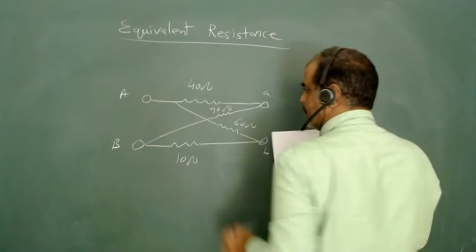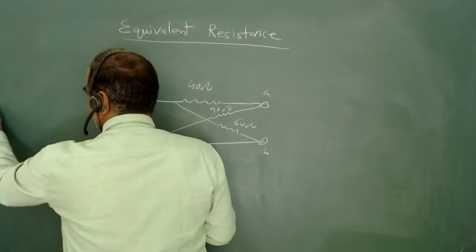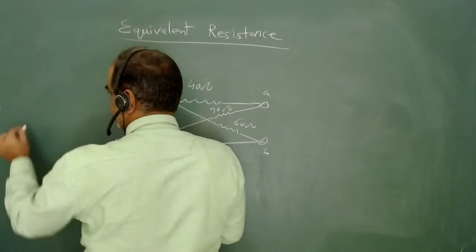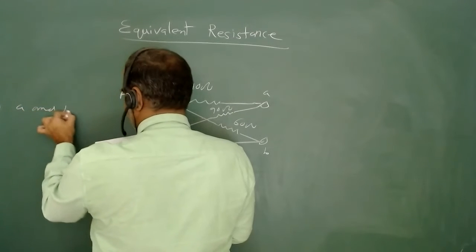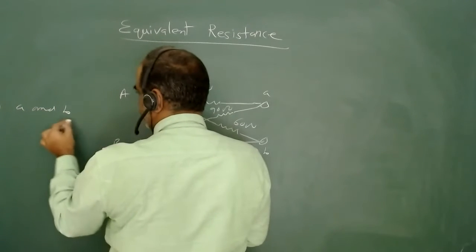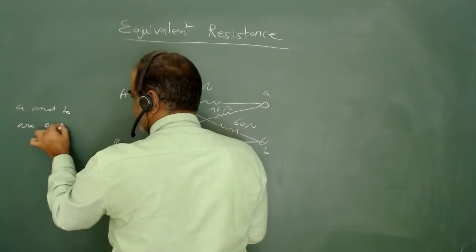Now I have to calculate the equivalent resistance for two cases. First case, A and B are open circuited.